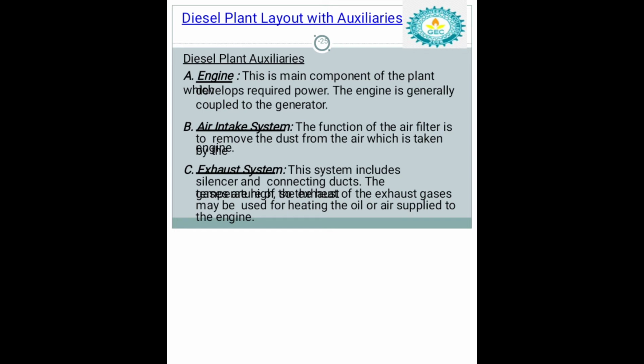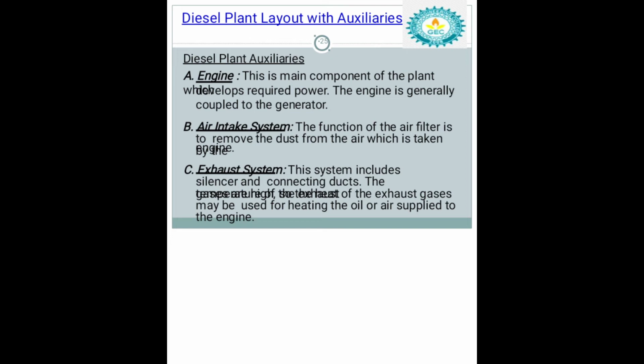And the second one is the air intake system or air filter system. The function of the air filter is to remove the dust from the air which is taken by the engine. Its main function is to eliminate any dust particles in the air.